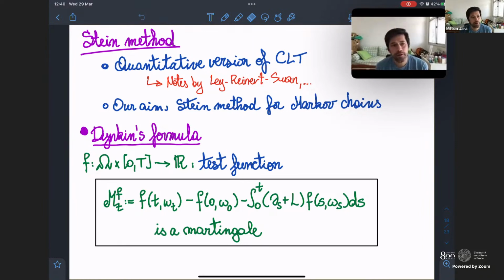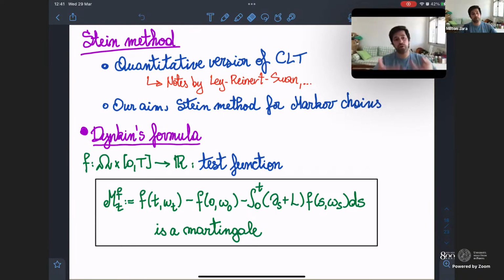Surprisingly, for Markov chains there's not that much in the literature, because usually what happens is like the discussion I gave you before about Monte Carlo. In Markov chain Monte Carlo, you have a measure and you want to obtain information out of this measure.